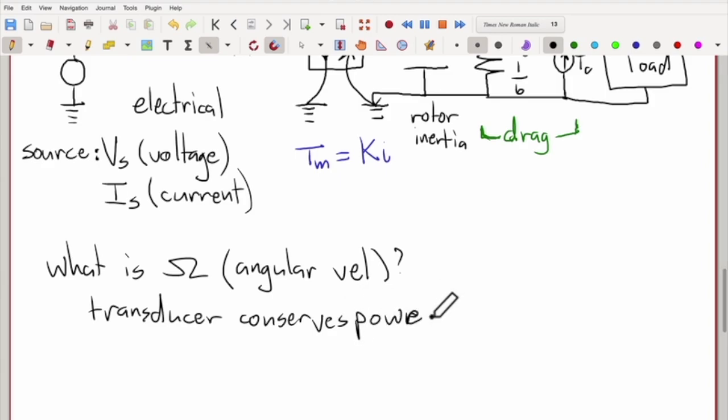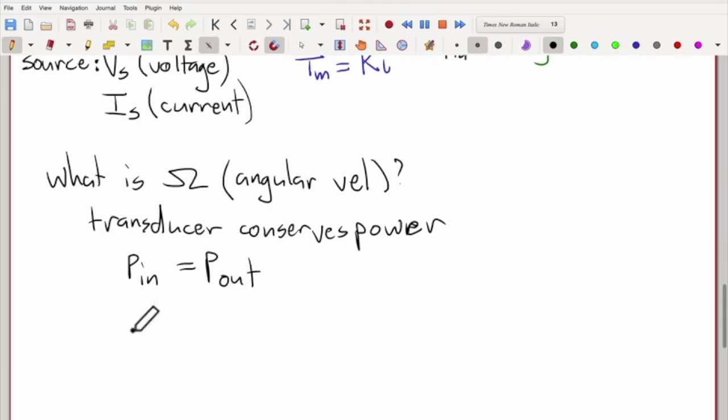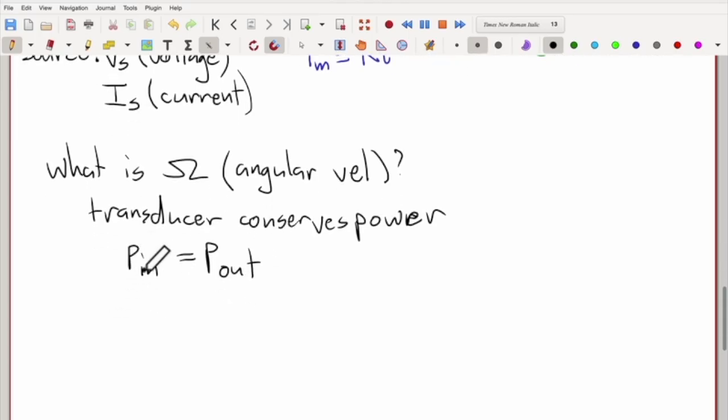Which is to say, the power going into the transducer is equal to the power coming out of the transducer. The power into the transducer is, in this case, the electrical power. It's the voltage, which I'm going to call the magnetic voltage, going into this transducer times the current here.